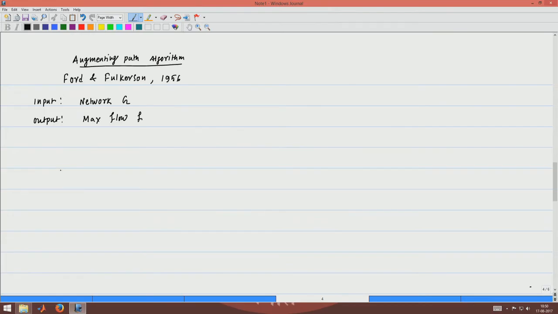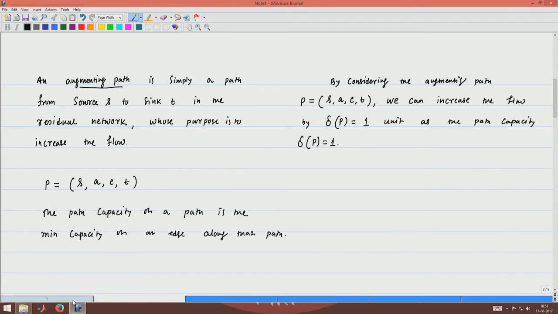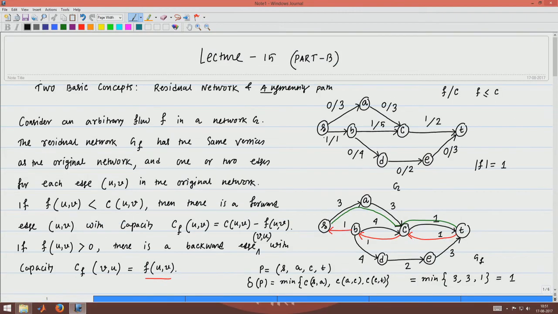So, if you remember, we started with an arbitrary flow which has value 1. In fact, you can start with a 0 flow, because that arbitrary flow could be a 0 flow. So, initially your flow value is equal to 0, that means everywhere you put 0.